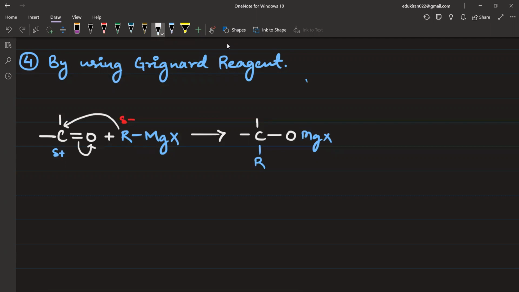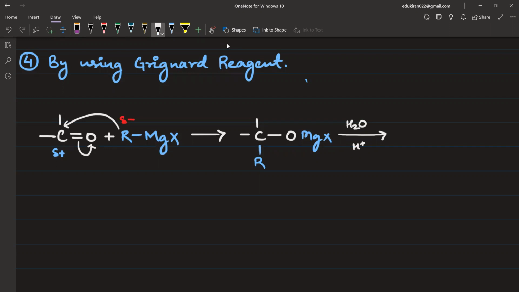Next, we are going to add water. You may also see that there is some H plus here. That means they're adding it in acidic condition. But if you just add water, then also it is fine. You will find both. Don't worry about that. Acidic hydrolysis or just hydrolysis.